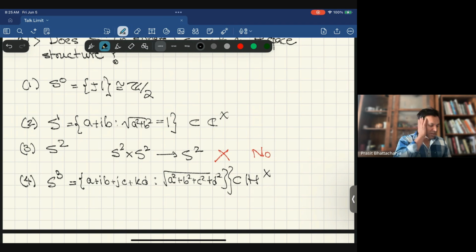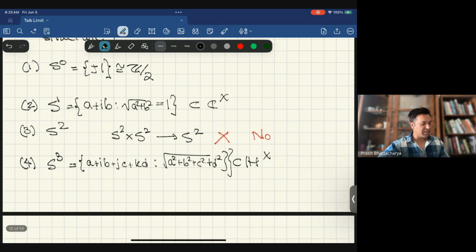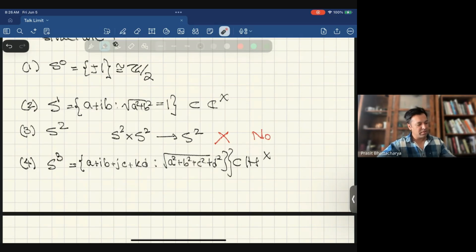So if you look at the unit quaternions, you see that S^3 does have a multiplication. However, there is one thing that you lose going from S^1 to S^3, which is that it's no longer commutative. S^1, the complex numbers, is commutative, but the quaternions are not commutative. Nevertheless, it's an H-space.